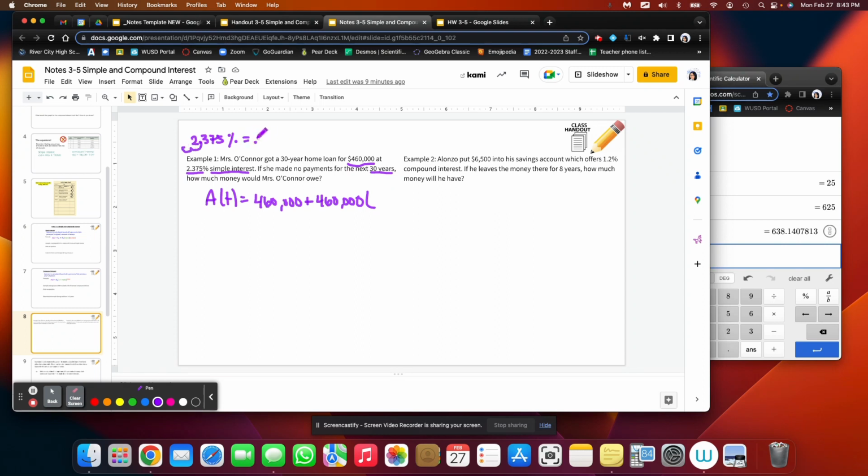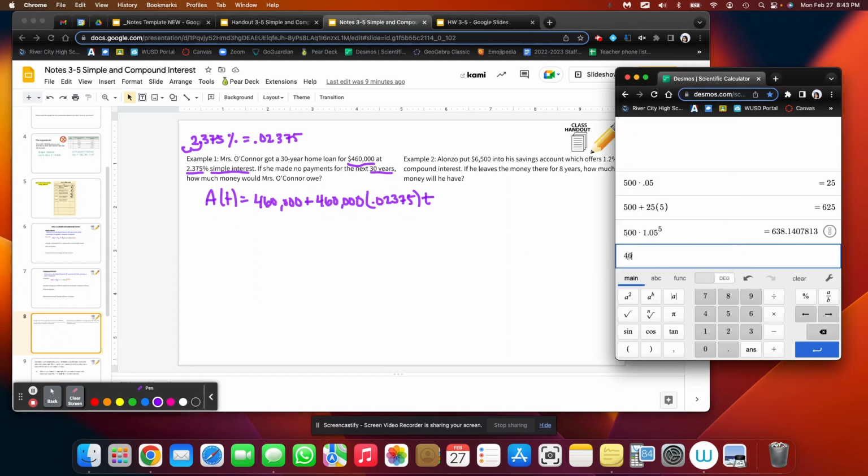So that's going to be 0.02375, and then times t. To simplify, we're going to multiply the principal amount, $460,000, times 0.02375. That's going to tell us the amount of interest for every year.